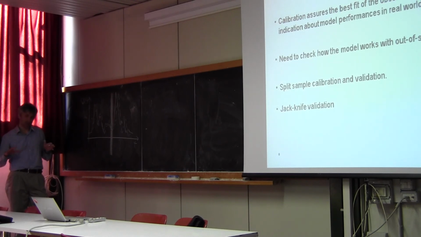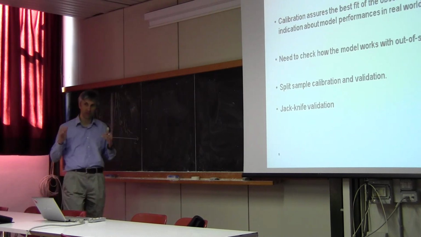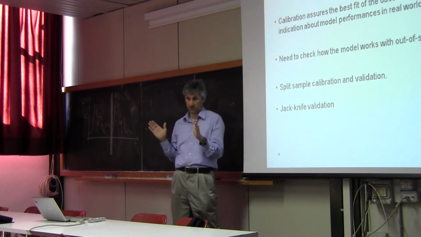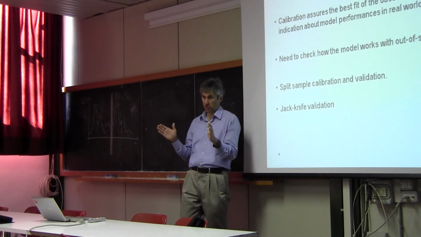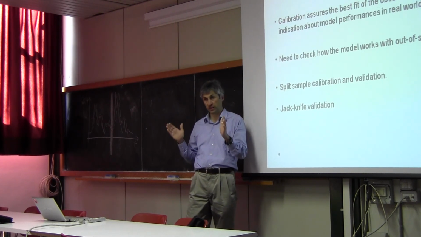So, what is the final suggestion? I hope to be able to deliver the concept in an easy way, because it's a very simple concept. The final recommendation is you have to check your model performances with a kind of validation.